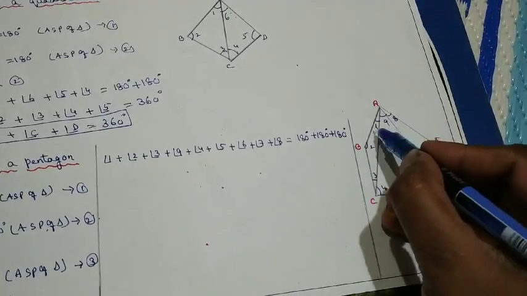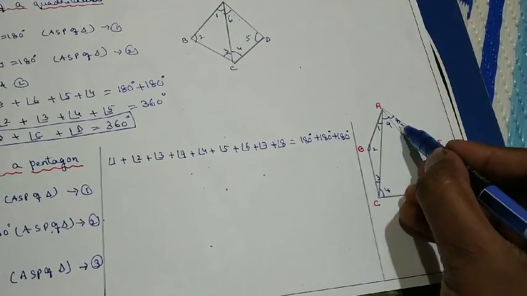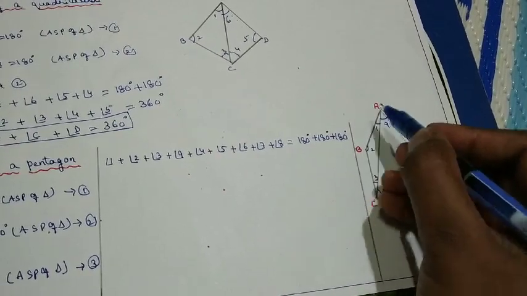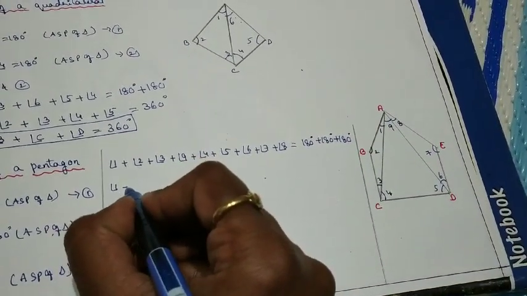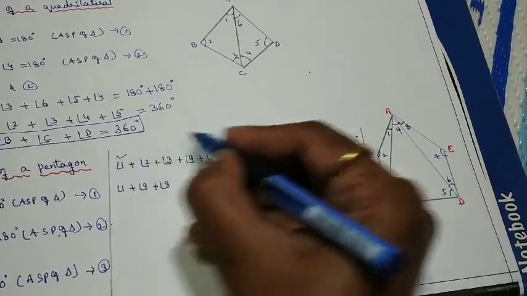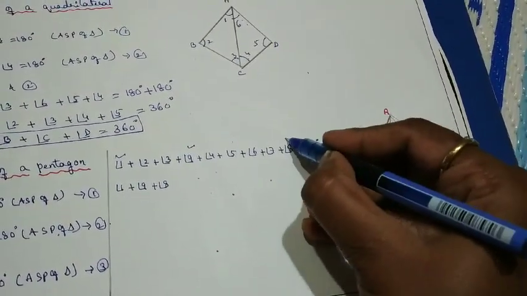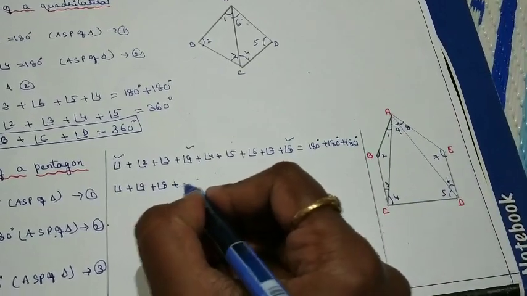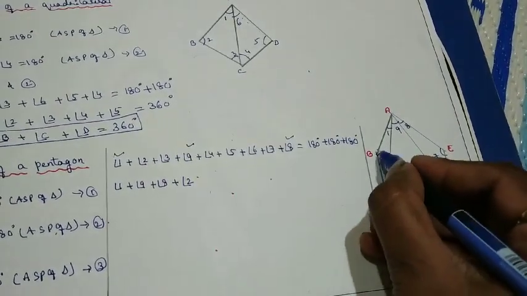With angle 1 we have angle 9 and angle 8 to become vertex A. So angle 1 plus angle 9 plus angle 8. These three terms I have rearranged. Next plus angle 2, which we have here individually.